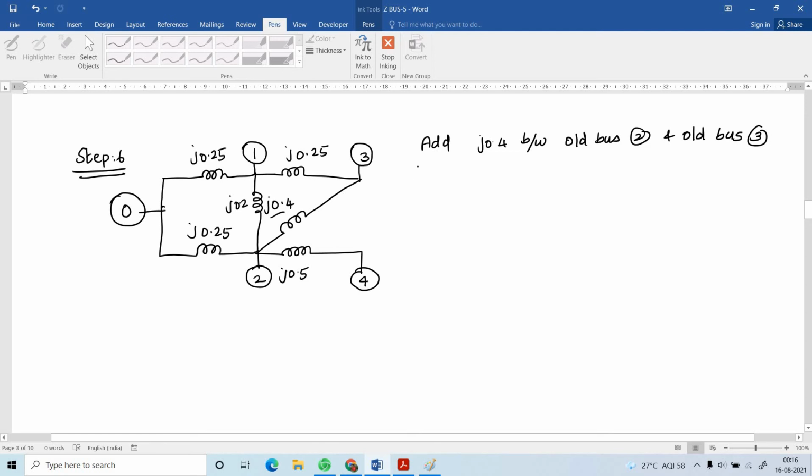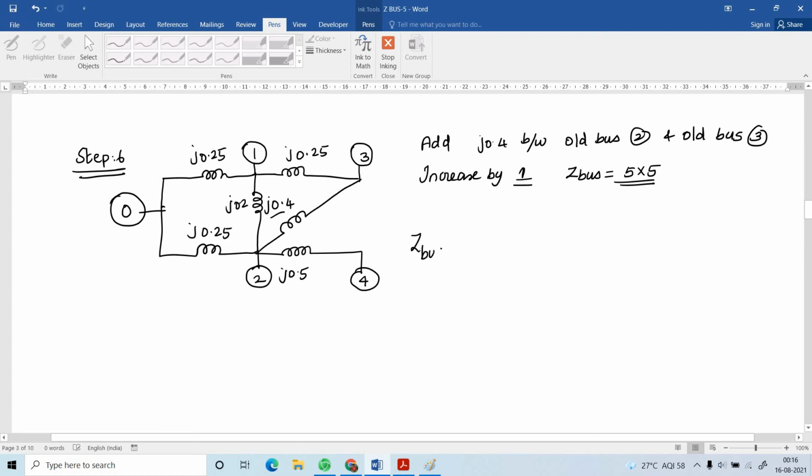Anyway, the order of the matrix is increased by 1, so that we get the new matrix order as 5 cross 5. But the last row and last column should be eliminated to find out the original Z bus for this step number 6.